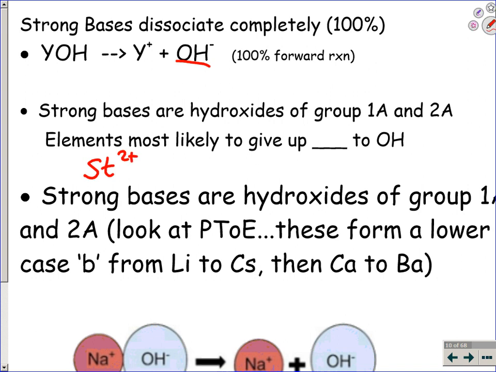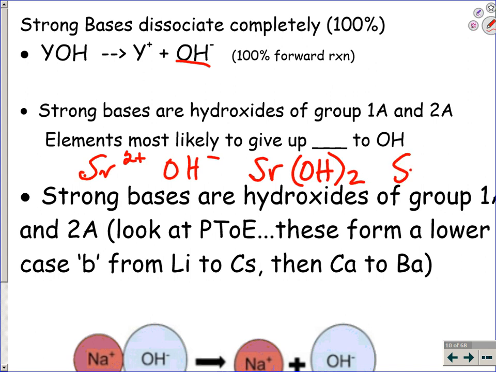Oh, I put ST, I always put ST. It's SR. SR 2+, and OH 1 minus. So what's the formula whenever you crisscross charges? Sr(OH)2, with parentheses. Because if you put SrOH2 like this, you're not saying there's 2 hydroxides, you're saying there's 2 H's. That's not right. So do make sure you put your parentheses there.